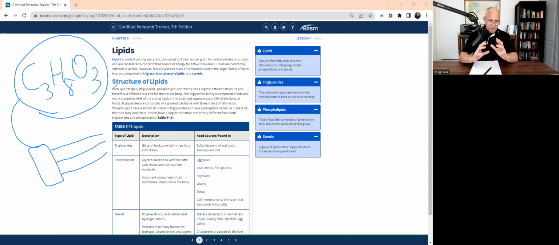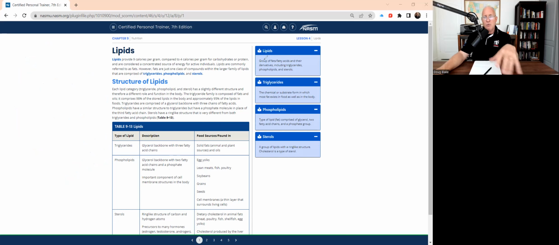Fats are really, really interesting because they have many different interesting properties, all because of the structure of these fatty acids, right? That make the fats that they're contained in either solid or, temperature dependent, by the way, liquid at room temperature, right? So these are all very, very interesting. Let me clear this.